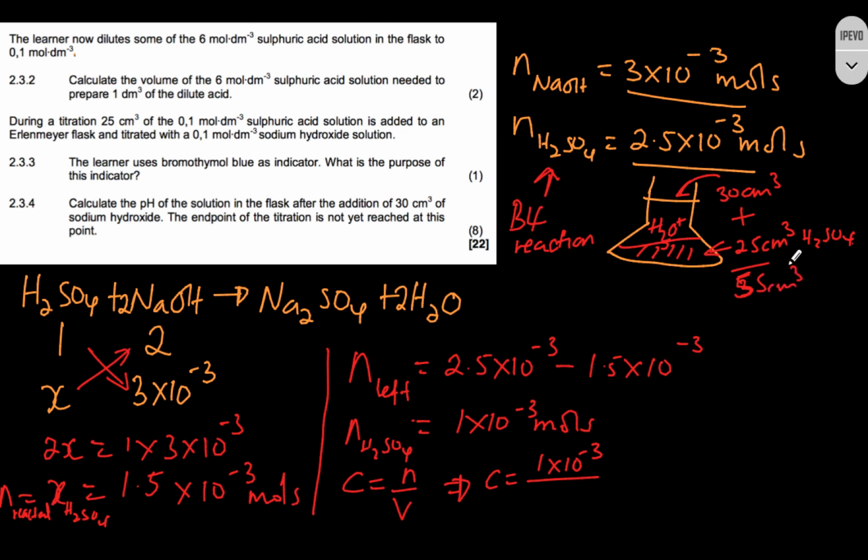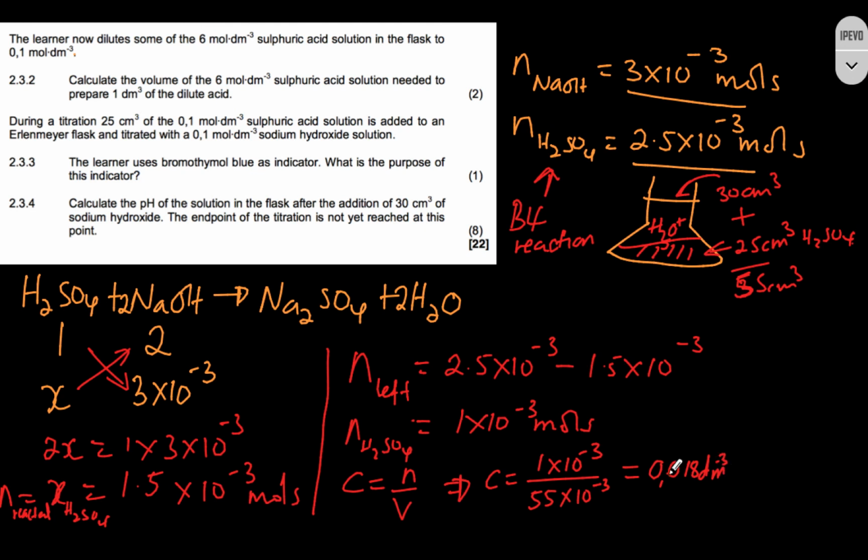Hence, we are going to divide by 55 times 10 to the power of negative 3, to convert the centimeter cube into dm cube. Then our concentration is going to be exactly 0.018 per dm cube. Right, great.